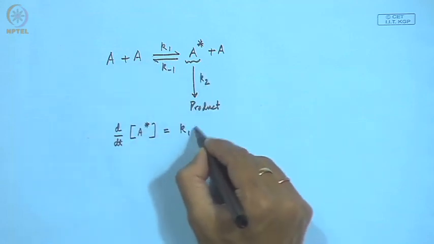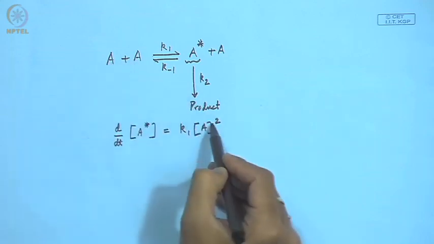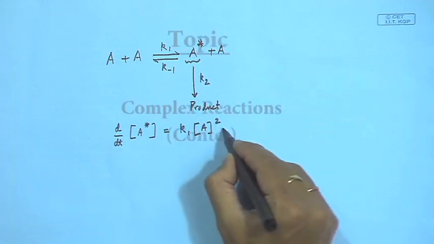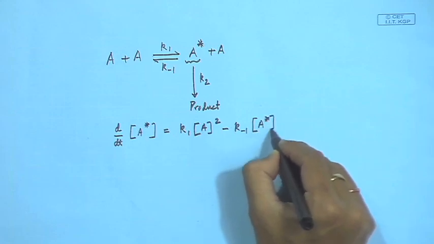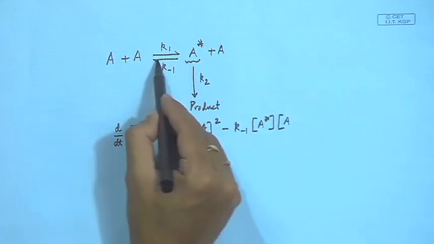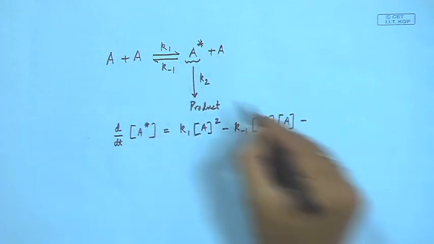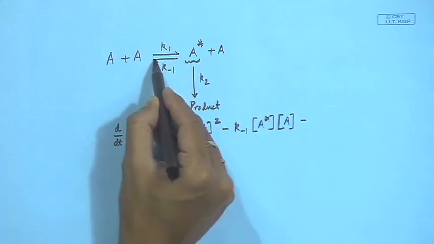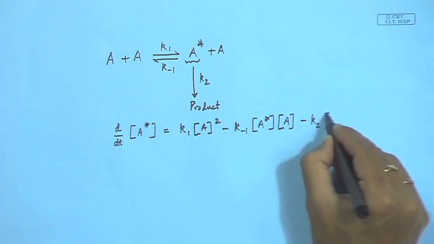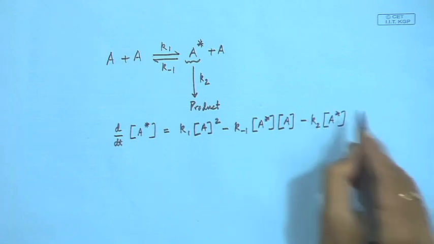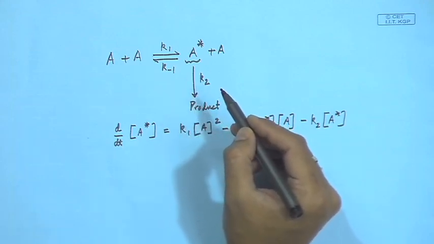So, K1 into A square, because A is coming 2 times, that is why A square, minus K minus 1 A star A. Why minus? Because it is depleted. Here also it is depleted, minus K2 A star. This is your step for giving rise to the product.